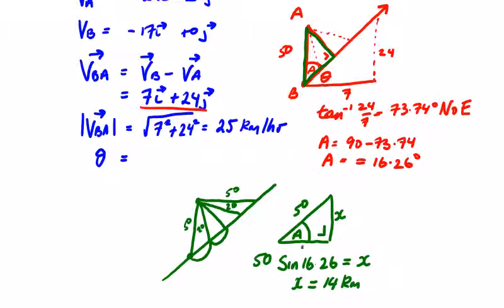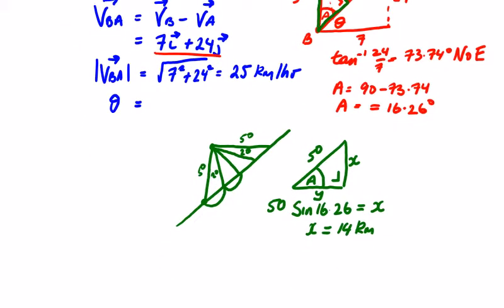We may as well get y while we're at it. y is equal to the square root of 50 squared minus 14 squared, which works out to be an even 48. Okay, so they can exchange signals.